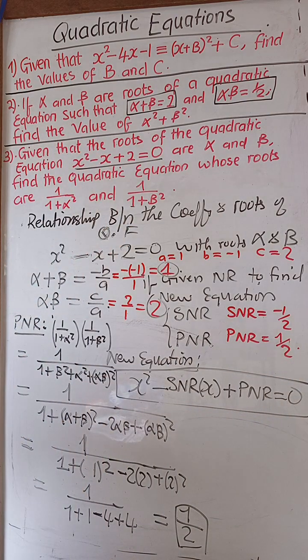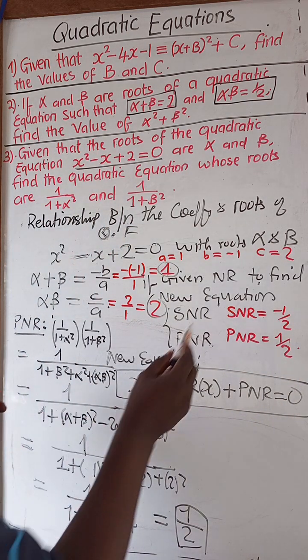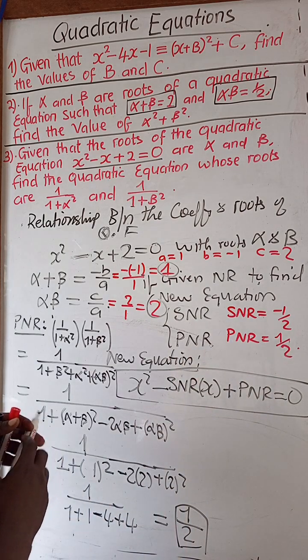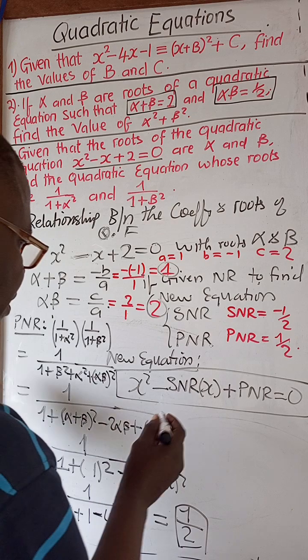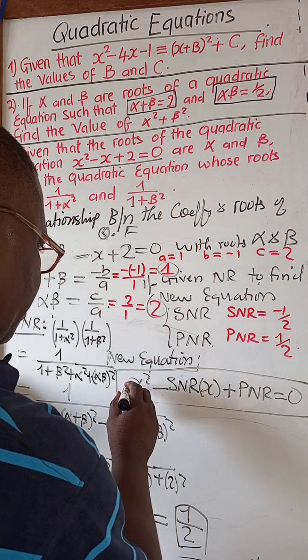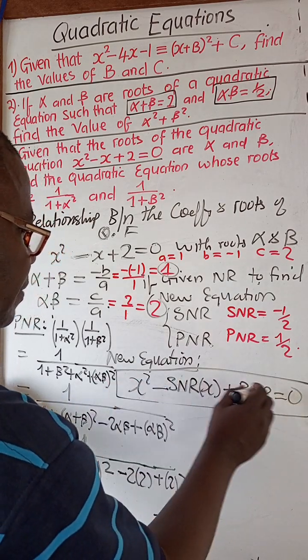Okay, now that we know the sum of new roots and product of new roots, now let us form our equation. Okay, forming our equation, we come and put it in this expression here.